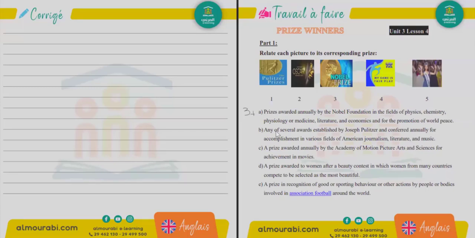Which picture here? Picture number 1. Okay, that's the Pulitzer Prize. This is an American prize in the domains of journalism, literature, and music.